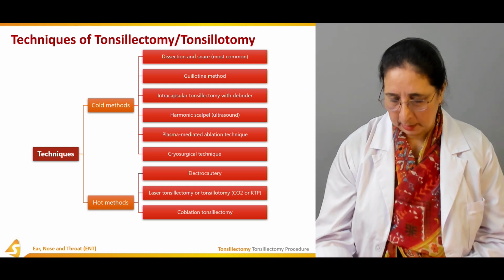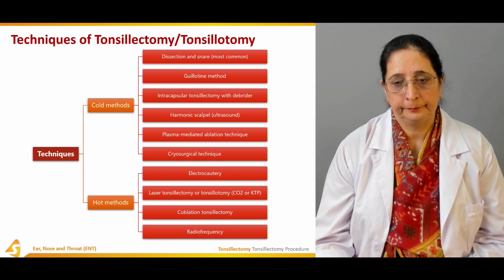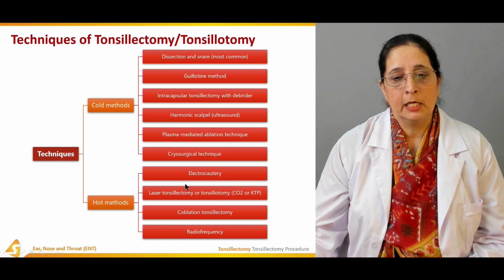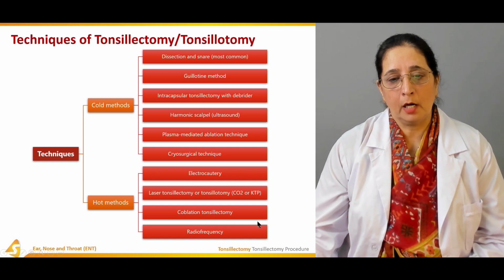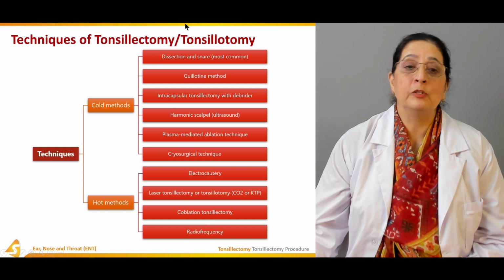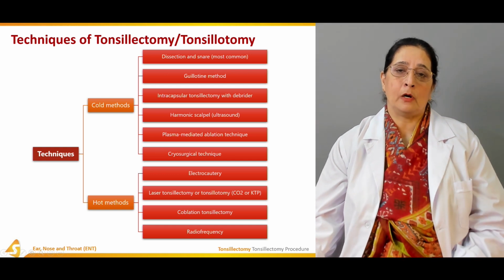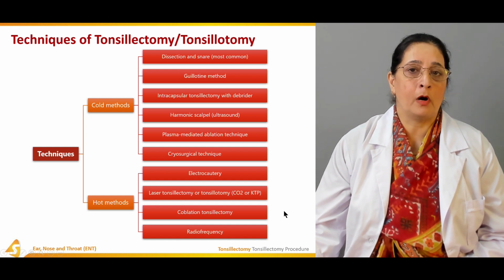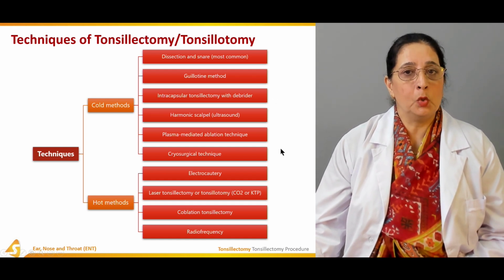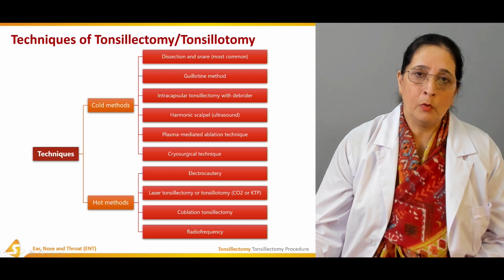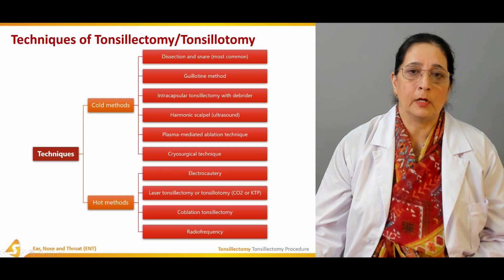Then the hot methods also, and we can use radio frequency. So these are the four hot methods, and about six cold methods of tonsillectomy. Among the cold methods, the dissection and snare method is the most common method of tonsillectomy.